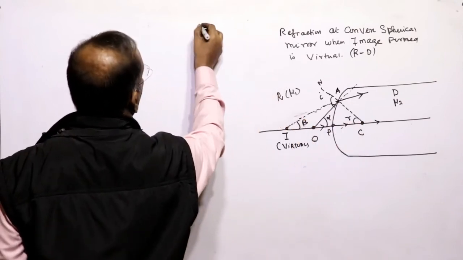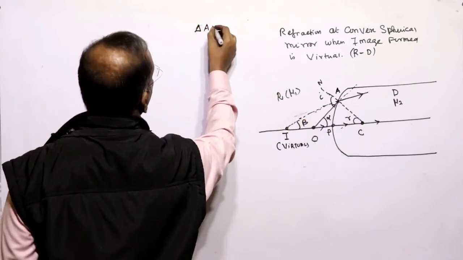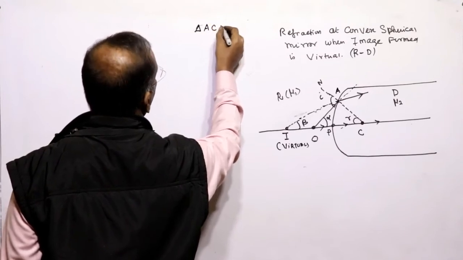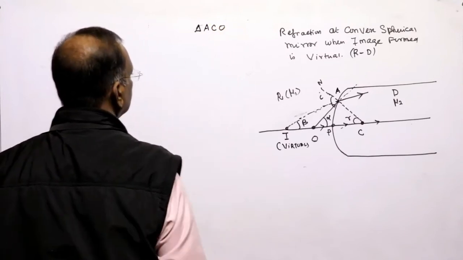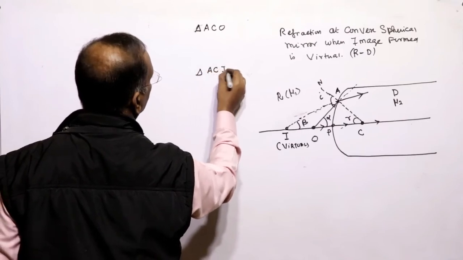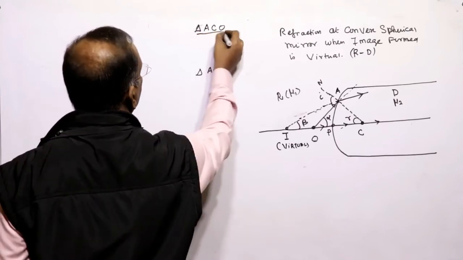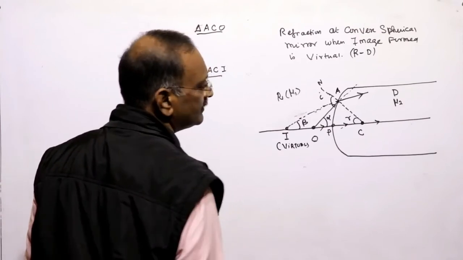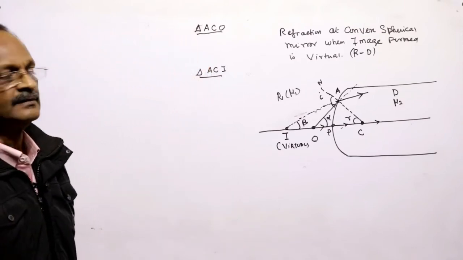Then we take triangle ACO, with respect to the object, and triangle ACI, with respect to the image. We will take these triangles to find I and R, because we have to use I and R in Snell's law.